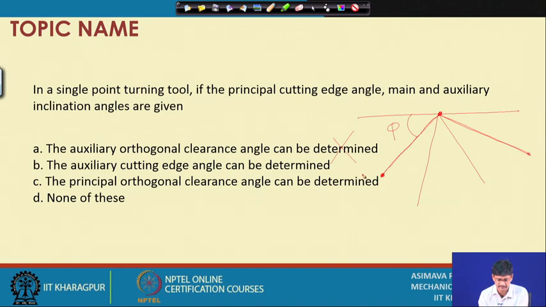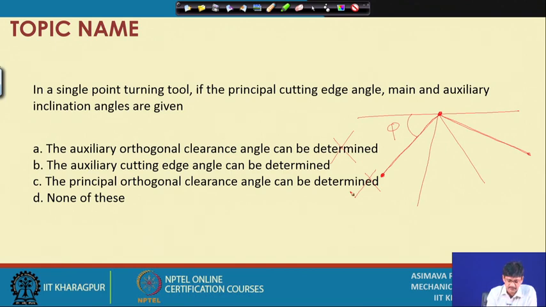So, we cannot find this out. Auxiliary cutting edge angle, we are keeping it in abeyance. Principal orthogonal clearance angle, clearance surface, so this is gone, we do not know this one.